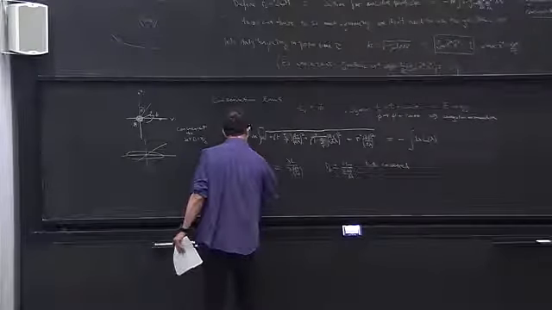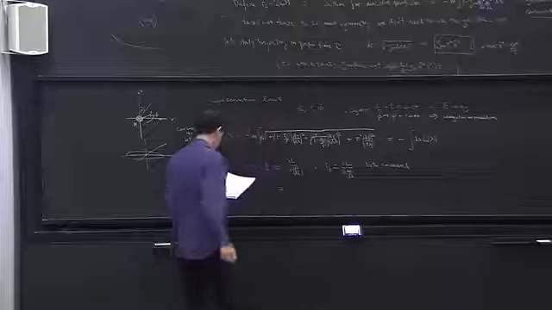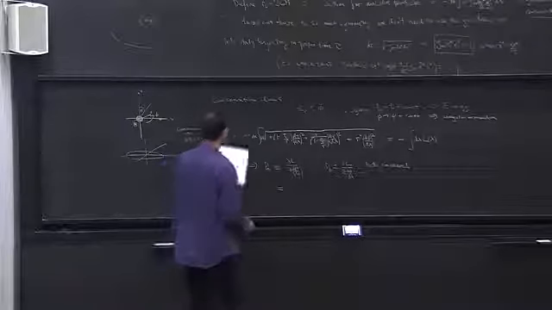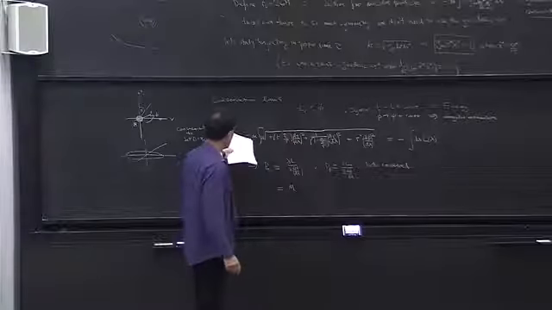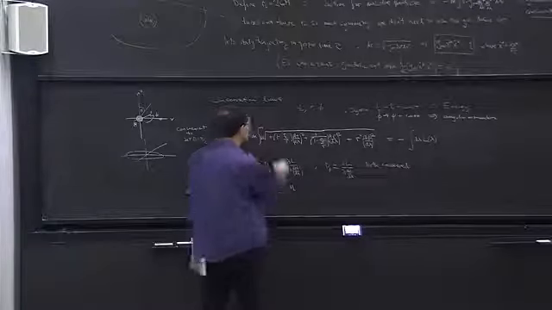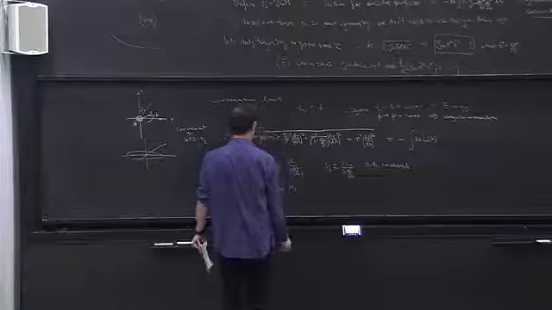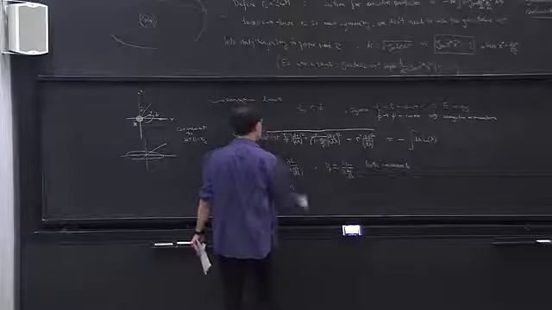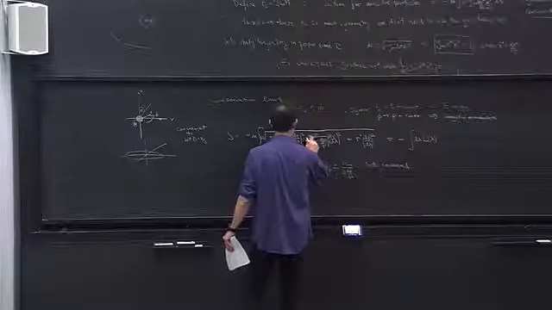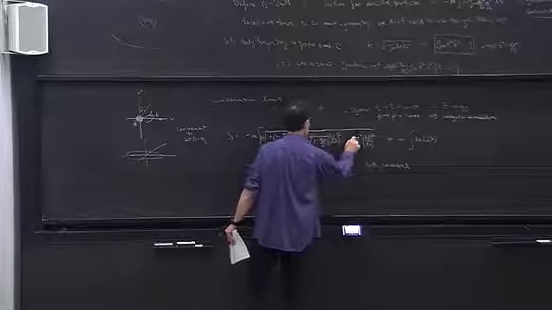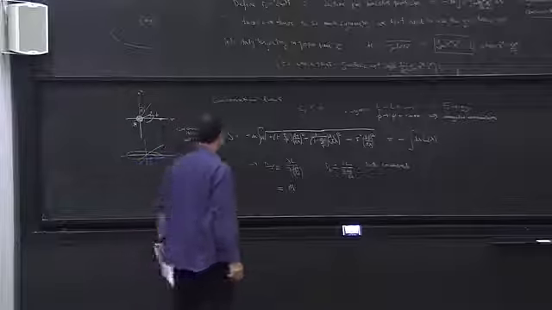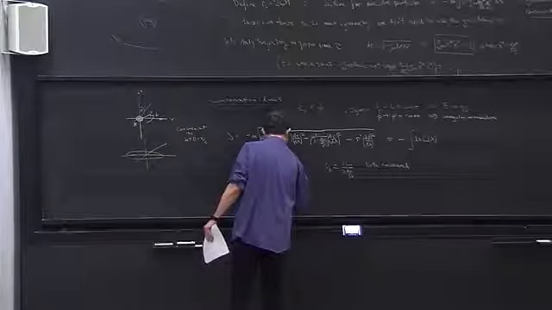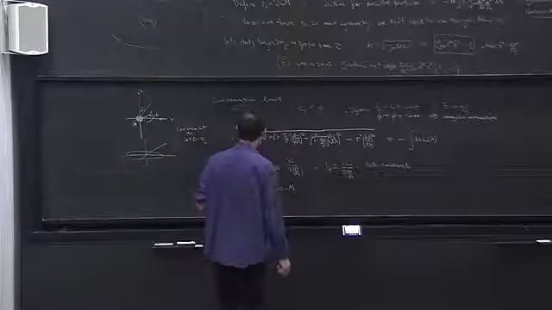So P_t, of course, is equal to m from here, and then I've got to differentiate this square root. I should have had some minus signs, shouldn't I? There should be a minus sign here and a minus sign there. So P_t is minus m.